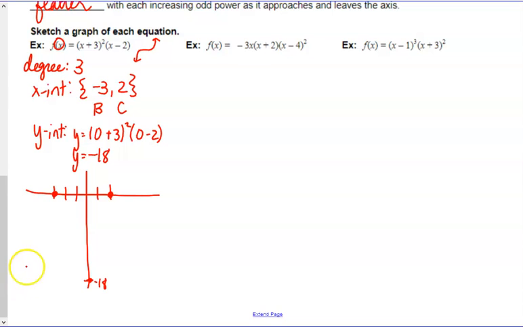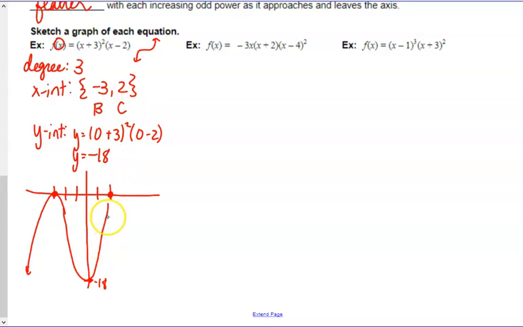Starting down here, I'm going to increase. Now, what happens at -3? We bounce. Okay, so I come up and I touch that intercept and I come back down. Now, in order to get back up here to this intercept, number one, I have to come through -18. And when I come through this intercept, what are we doing?